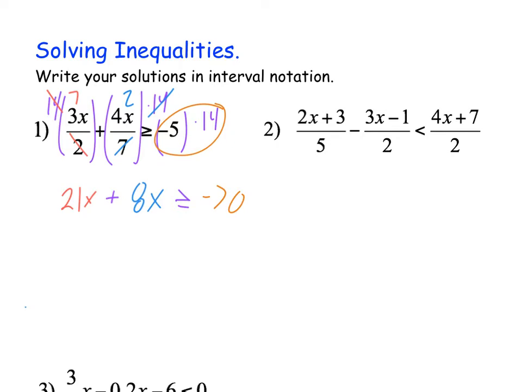I want to combine my x terms here, so that'd be 29 x's is greater than or equal to negative 70. Divide both sides by 29. So x is greater than or equal to negative 70 29ths.